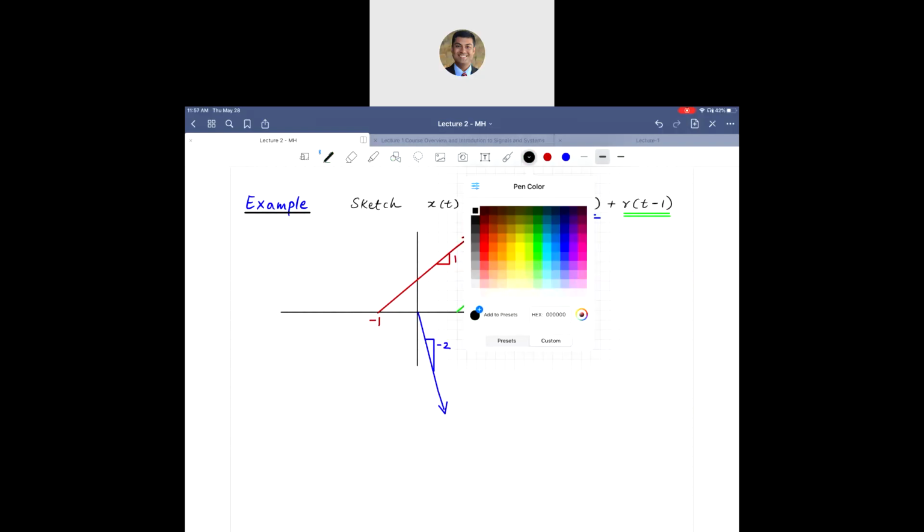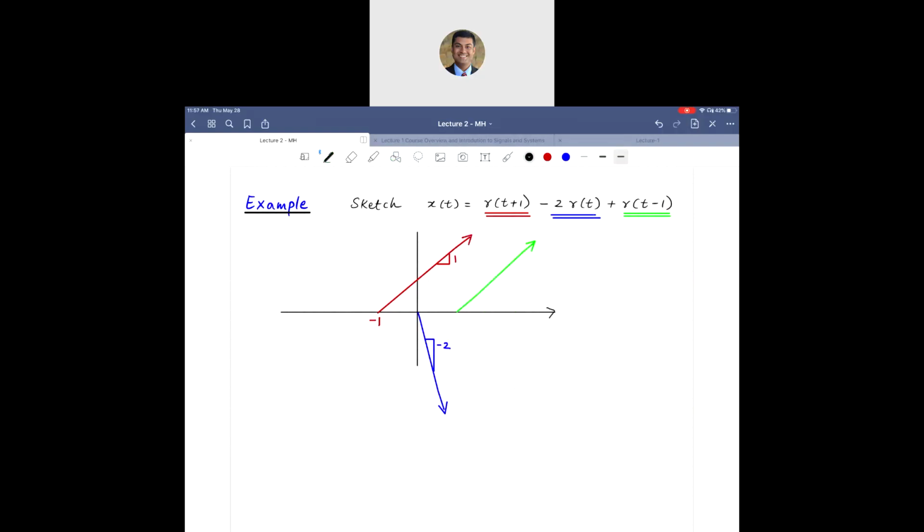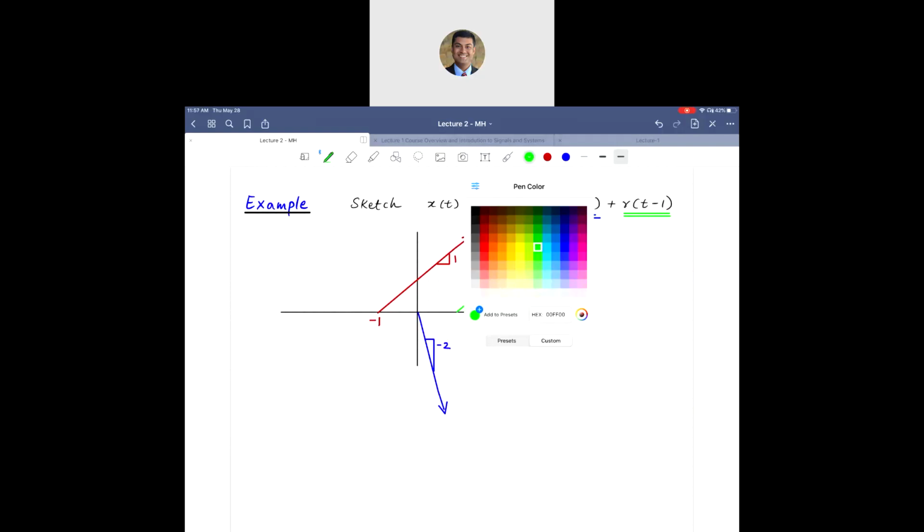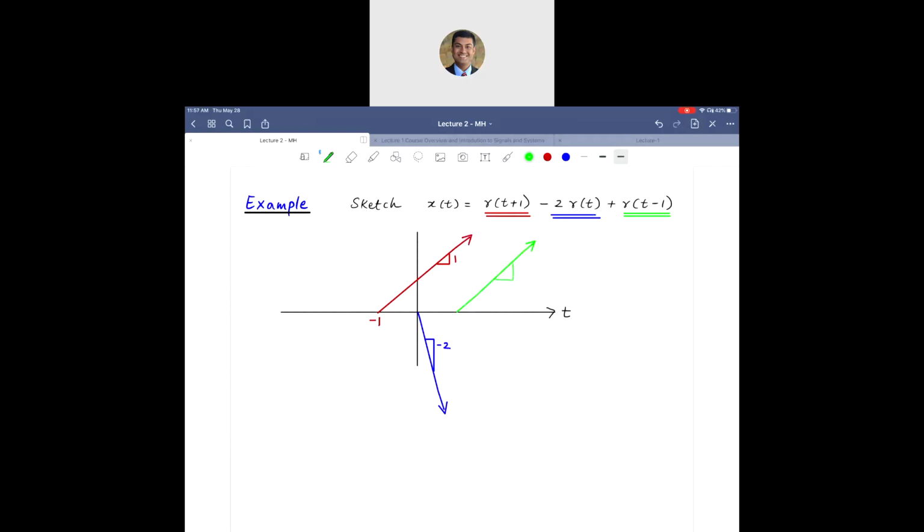Let's do this now. This is time. This is, well, you guys know what those are. This is also 1. Now, if you add all of them up, for time that is less than -1, what do we have?